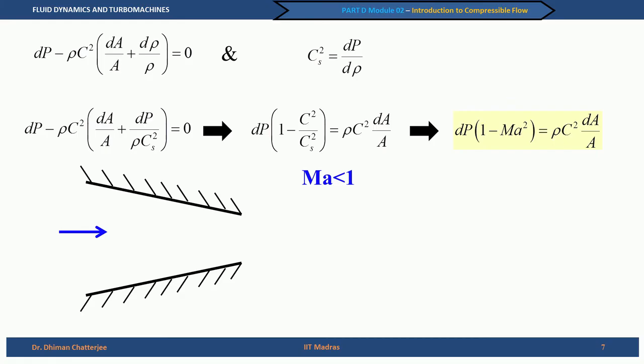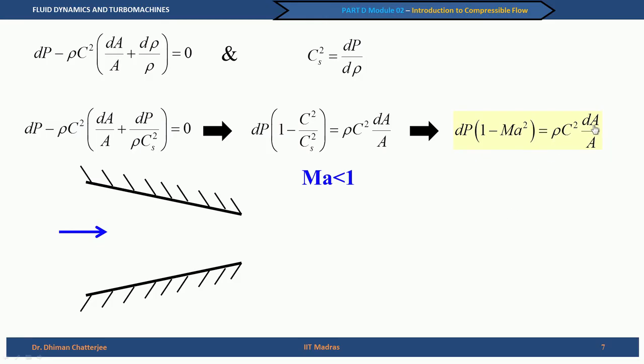The direction of flow is given by the blue arrow. In the direction of the flow, there is a reduction in the area. Converging passage or nozzle has a reduction in area. So, this reduction in area implies that d A is going to be less than 0.